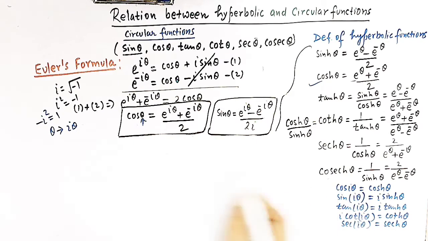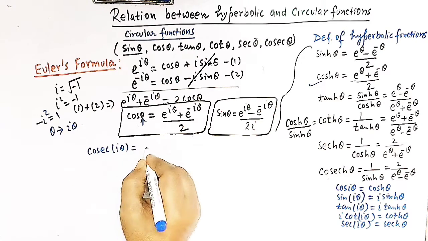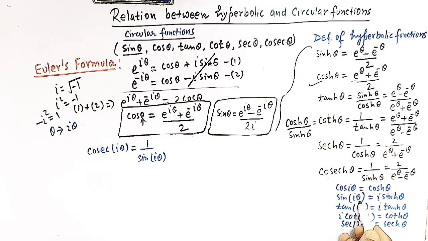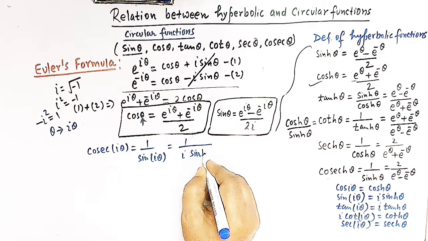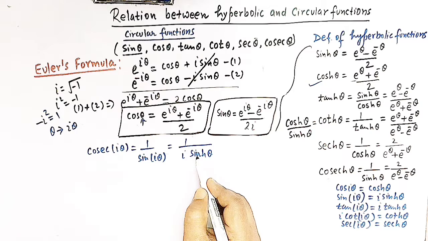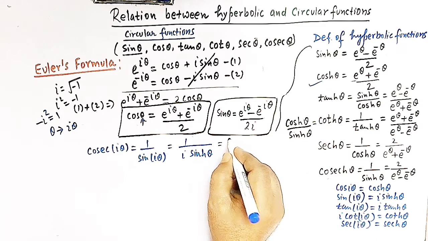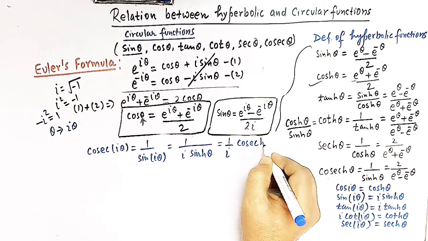So now similarly we can write cosecant of iθ as 1 over sine of iθ. Now sine of iθ is equal to i times hyperbolic sine of theta. So we have 1 over i, and here we have hyperbolic sine of theta. Now 1 over hyperbolic sine of theta is equal to the hyperbolic cosecant of theta. So we have now 1 over i, and here we have hyperbolic cosecant of theta.